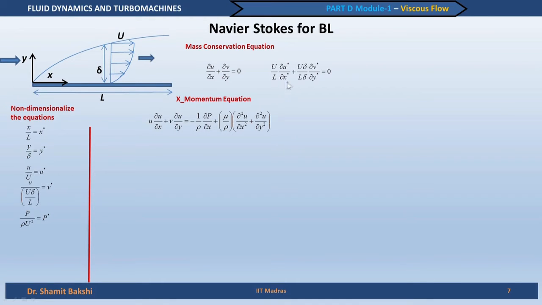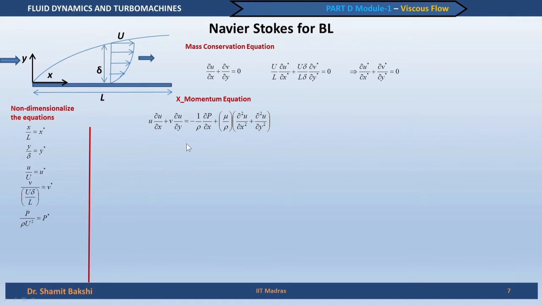Before going here, we have actually non-dimensionalized the mass conservation equation, although it was not necessary because the velocity scale was arrived at by using this equation. Because of that, you will see the continuity equation remains in the same form in terms of non-dimensional variables, u star, x star, v star and y star, as with the dimensional quantities, because of the selection of the velocity scale like this.